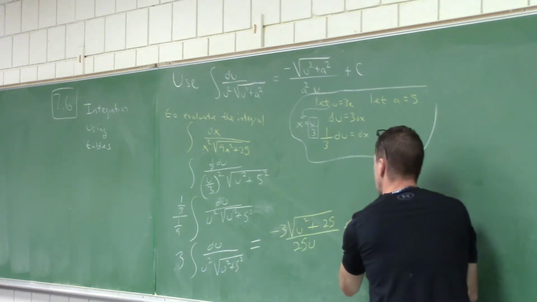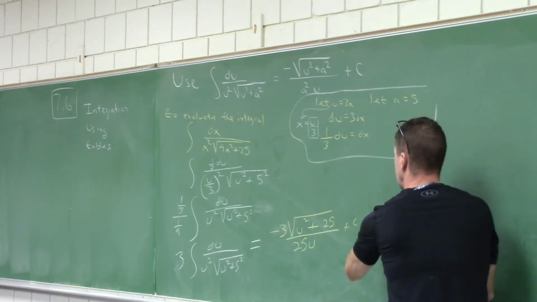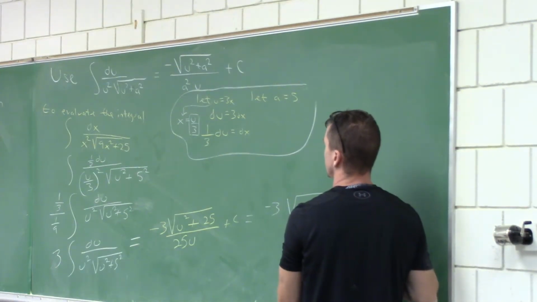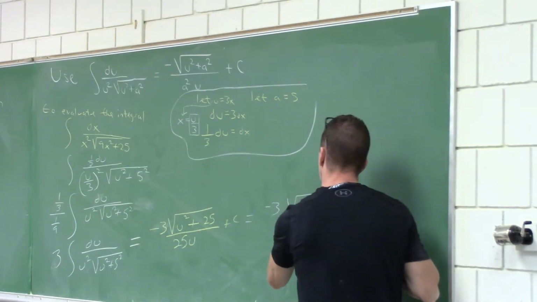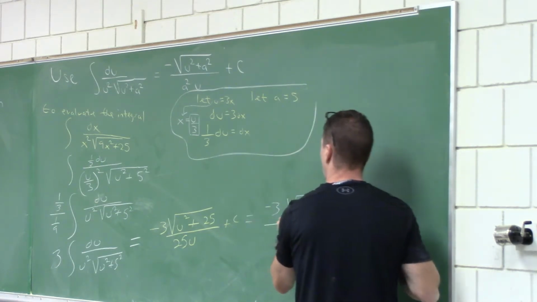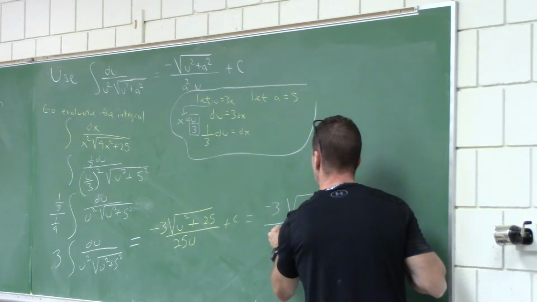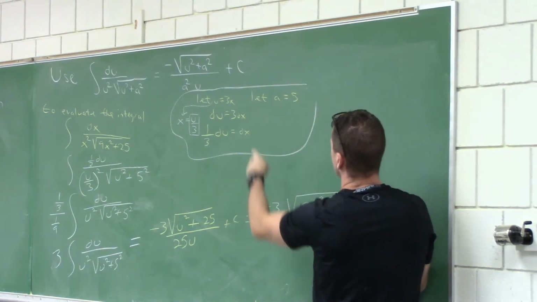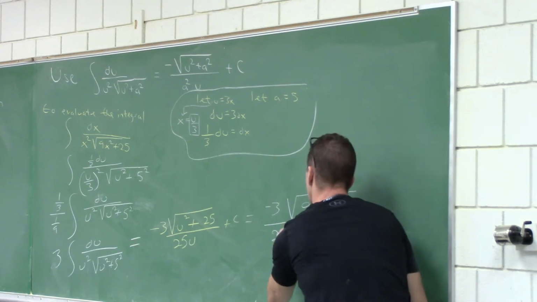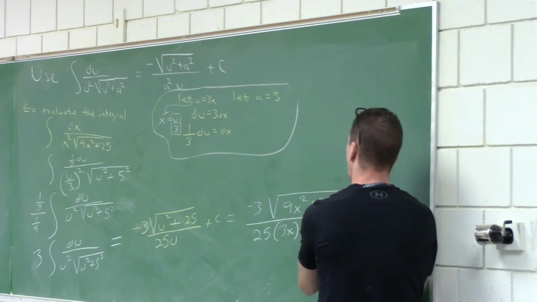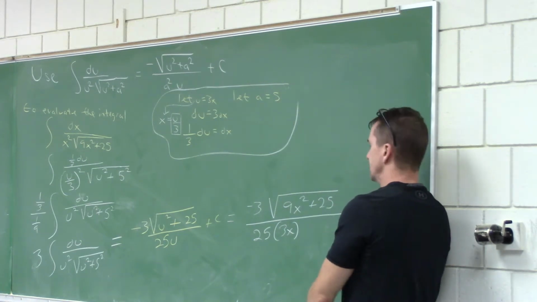So I'll put an equal sign. Negative 3, leave that negative 3. What was u? So what's 3x squared? Okay, 9x squared plus 25 all over 25. What was u? U was just a 3x.